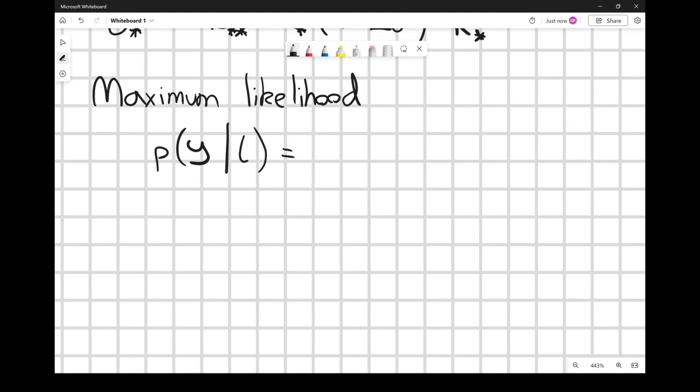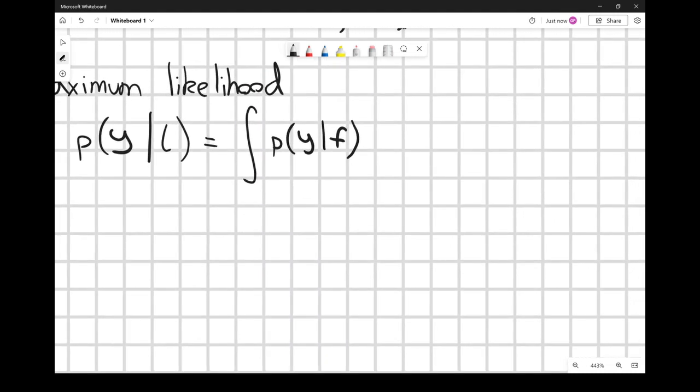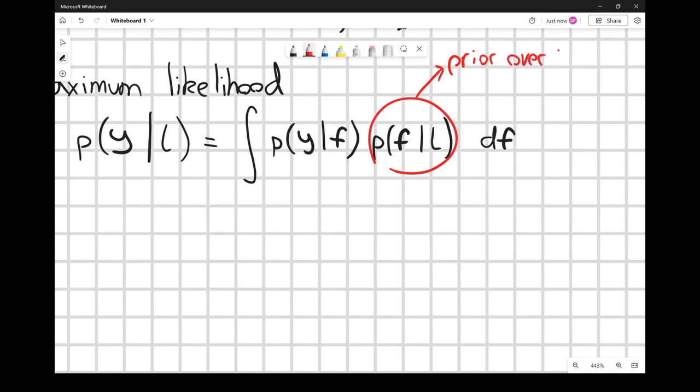And we can get this distribution by, again, marginalizing, where we have probability of y given f, which we've already defined earlier in the video using our noise model, and probability of f given L over df. This is again just the prior over f. The only difference is that now I've specifically noted that it is conditional on L, because we're talking about finding the maximum likelihood estimate of L.